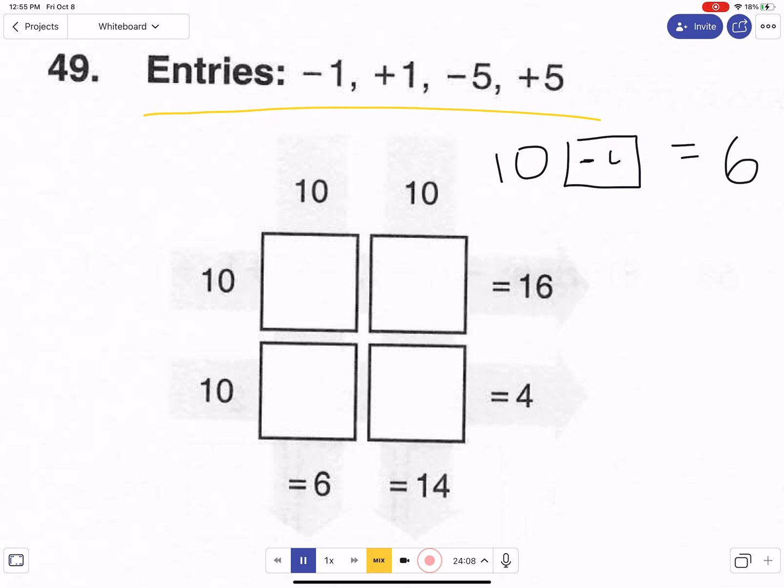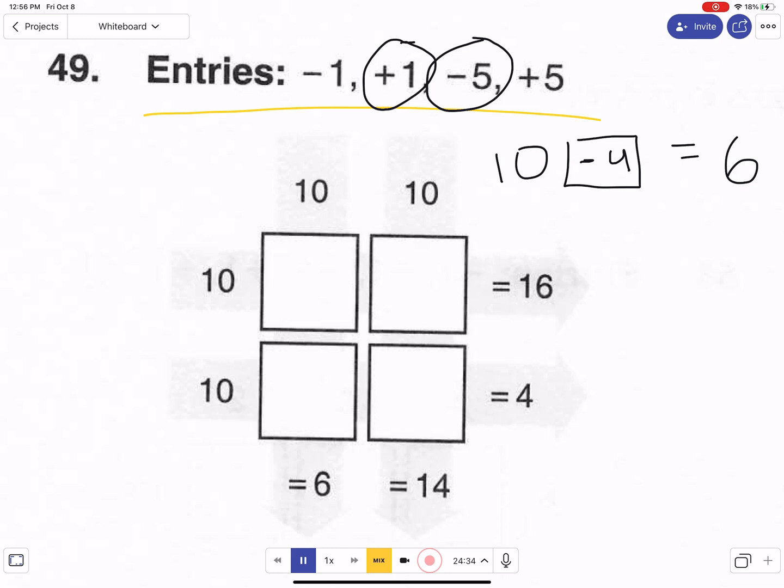Yes, if you said -4, you're correct. So which one of these is -4? If you said +1 and -5, you're correct. So +1 and -5.